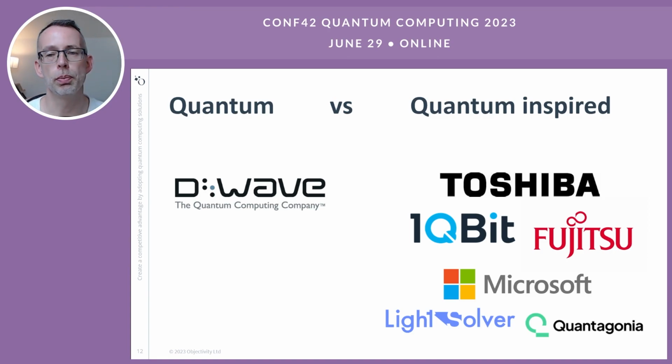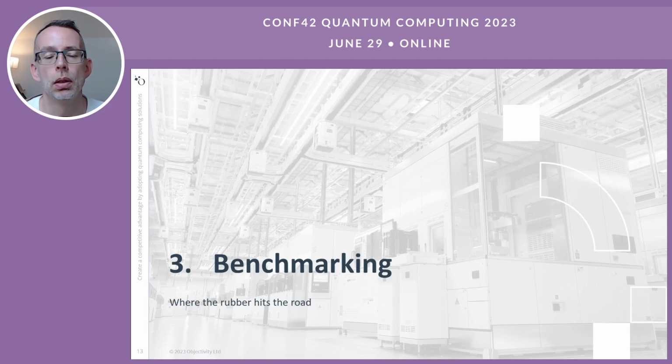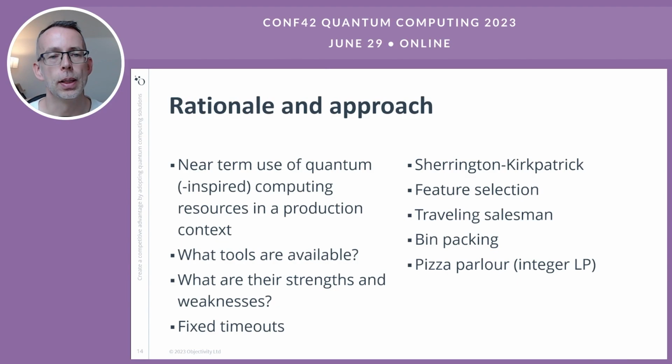And we try to benchmark as many of them as we could get our hands on. Because, as I said, we're a company. We're here to solve our customers' business problems. So we're interested in near-term use of quantum and quantum-inspired computing in a production context.